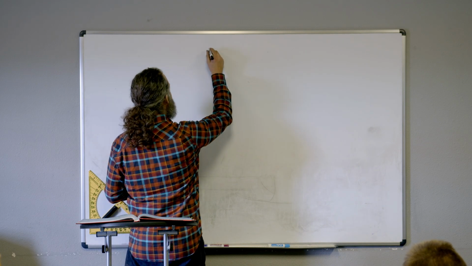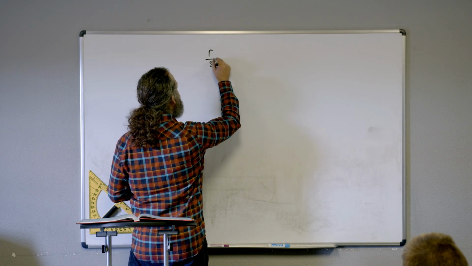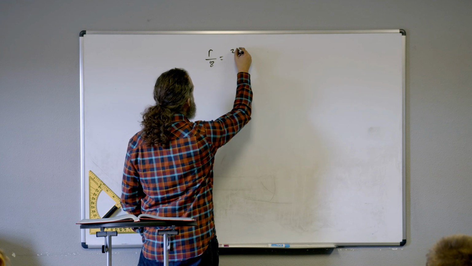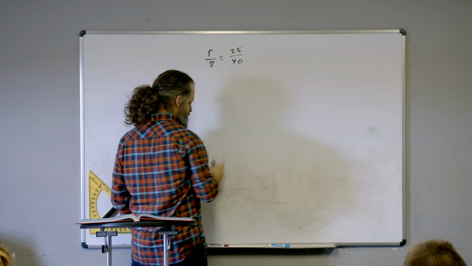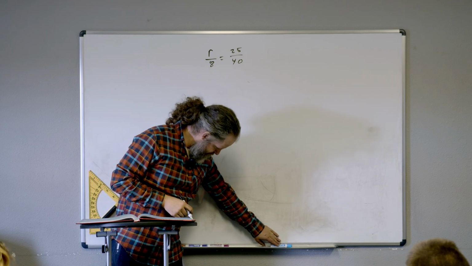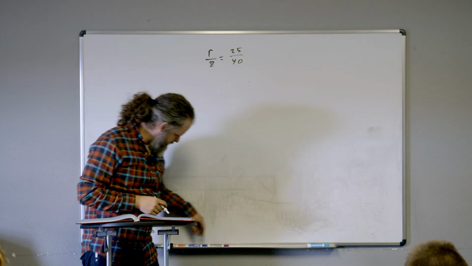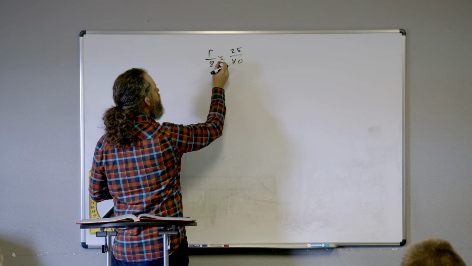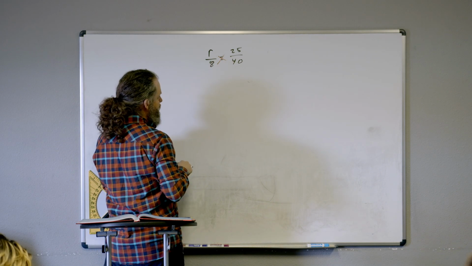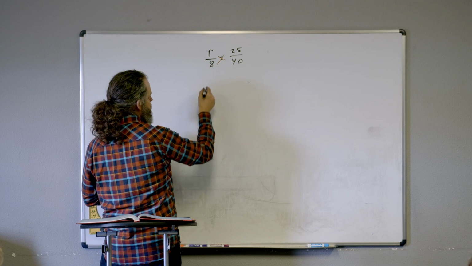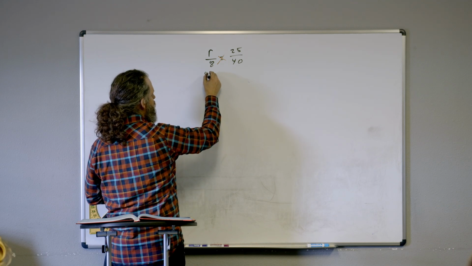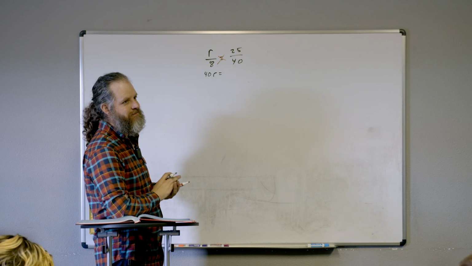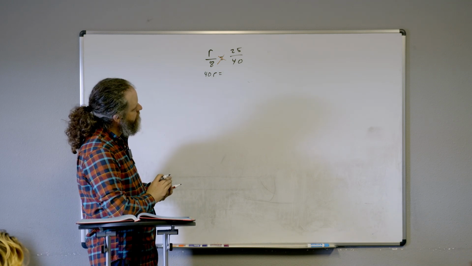So r over 8 equals 25 over 40. So what would we do? Cross multiply. R times 40 is what? 40R. 8 times 25 is what? 200.